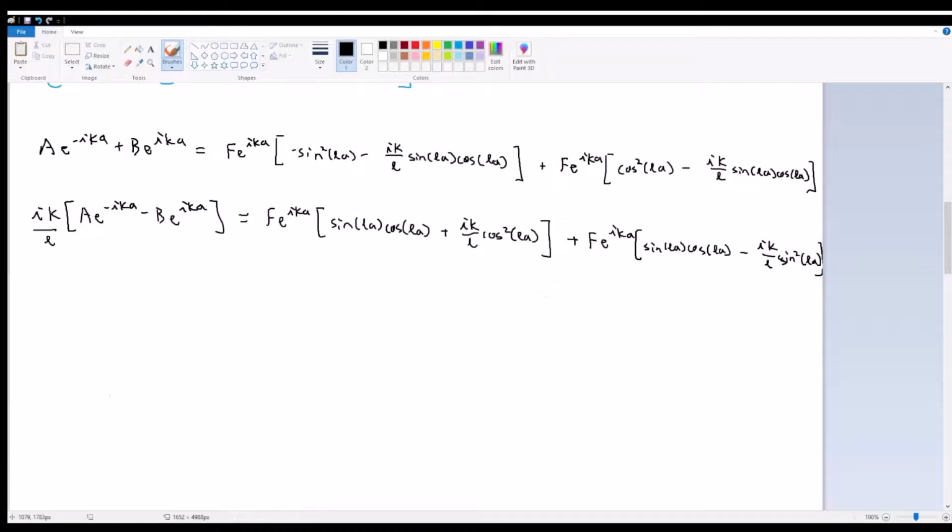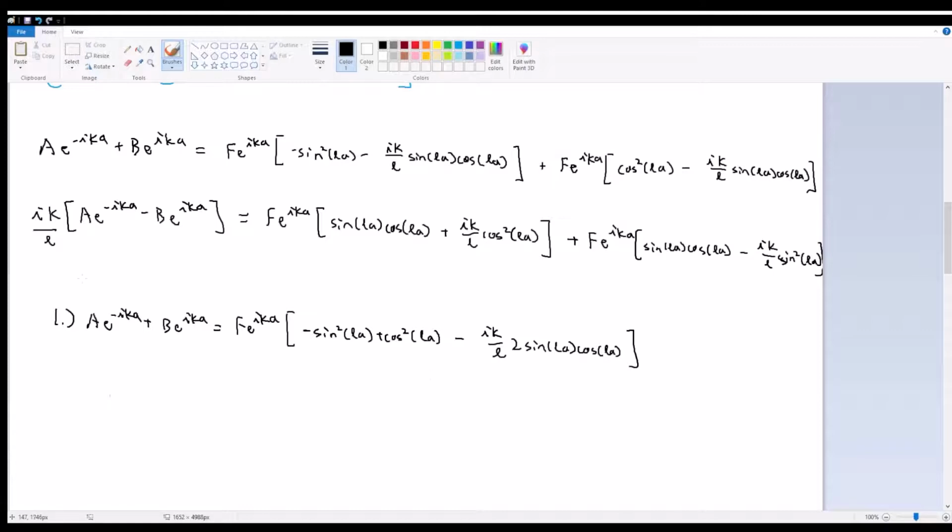The first expression becomes number 1: A e^(-ika) plus B e^(ika) equals F e^(ika) multiplied by negative sin²(la) plus cos²(la), and then we are subtracting ik/l times 2 sin(la)cos(la).